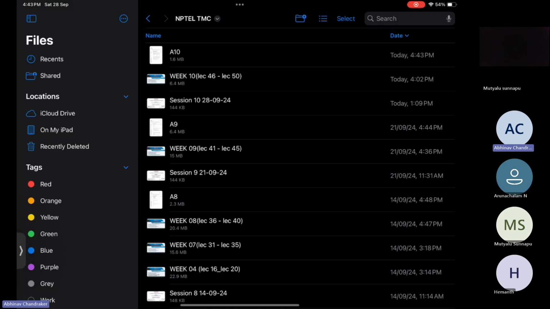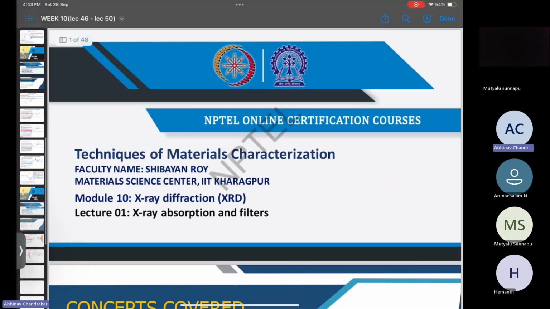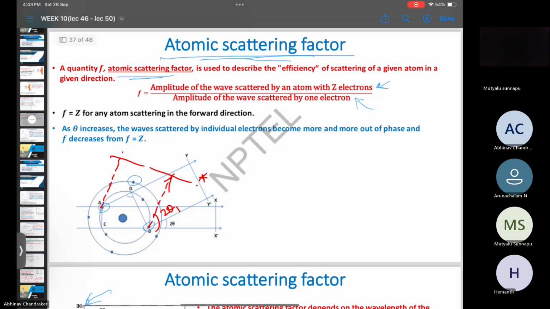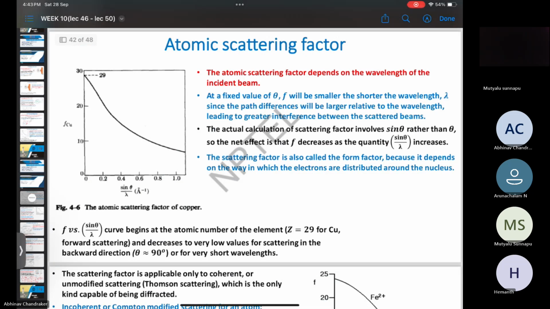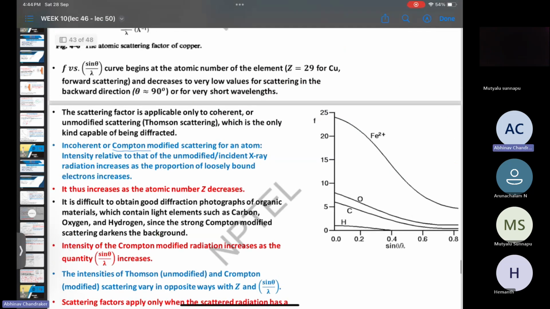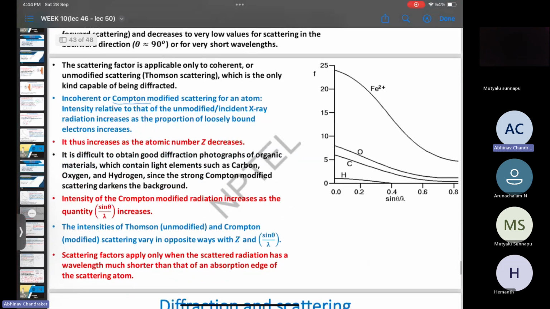Let's go to the concern slides to get a better understanding. This is a good question that was asked.